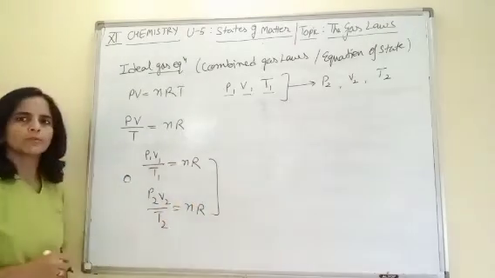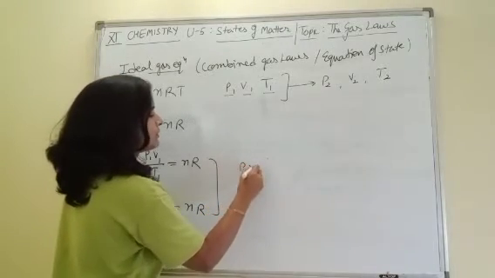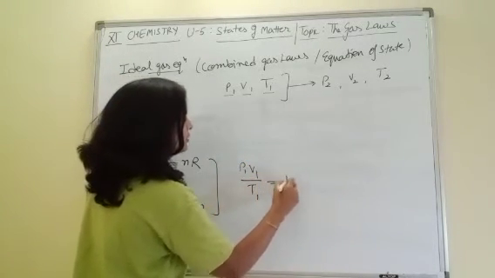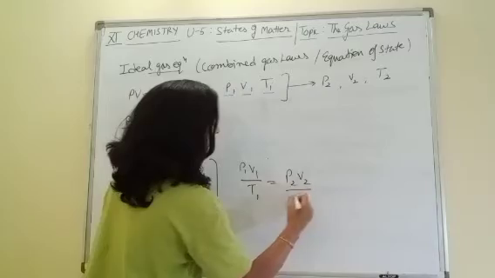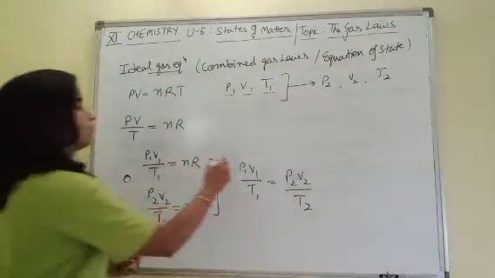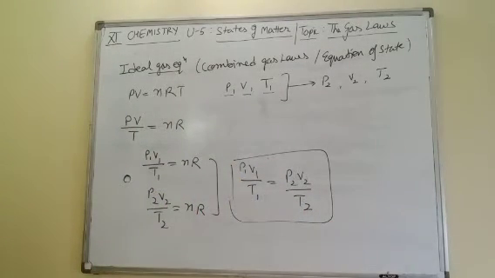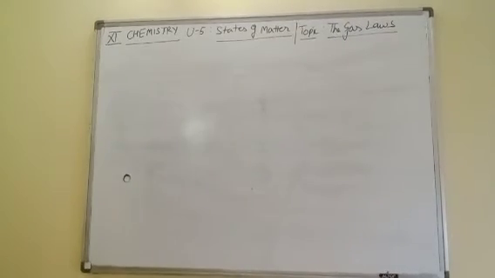Or from these two initial and final states, I may write P1 V1 by T1 equals P2 V2 by T2. Again children, very important form of ideal gas equation, P1 V1 by T1 equals P2 V2 by T2.